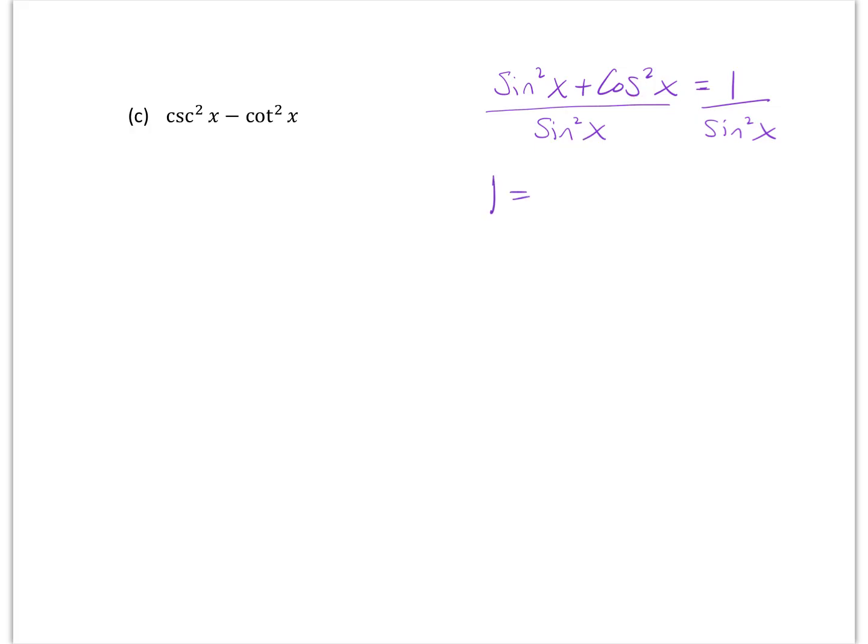And cosine squared over sine squared is cotangent squared. It's supposed to be 1 plus cotangent squared equals 1 over sine squared, which is cosecant squared. So if I subtract cotangent squared from both sides of this equation, I get cosecant squared minus cotangent squared, which is 1. So really, I'm just trying to find the derivative of 1 again, which is 0.